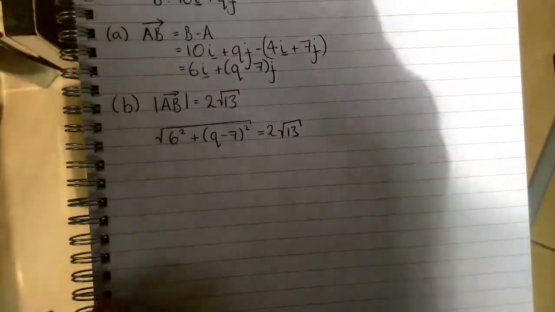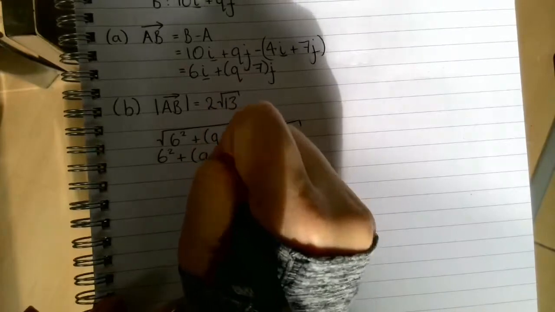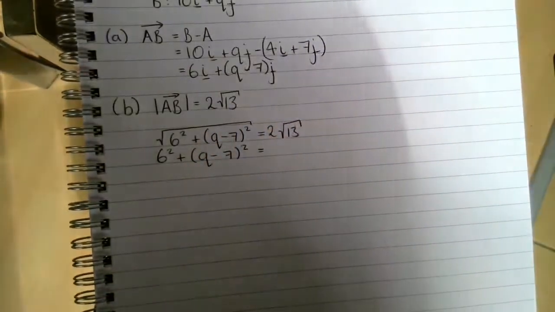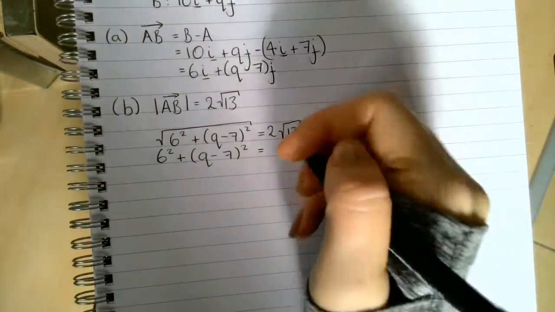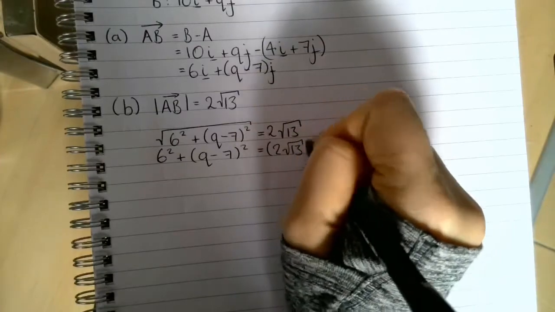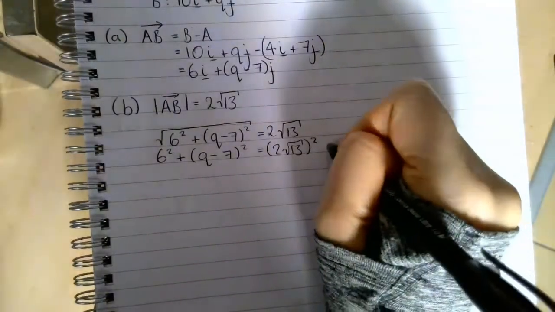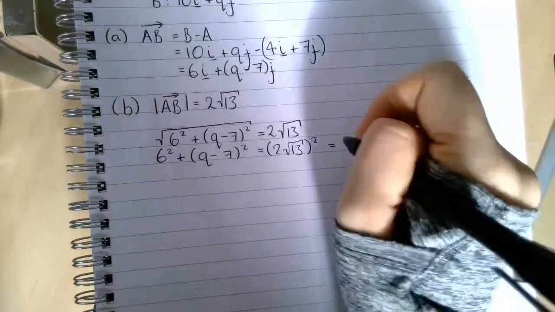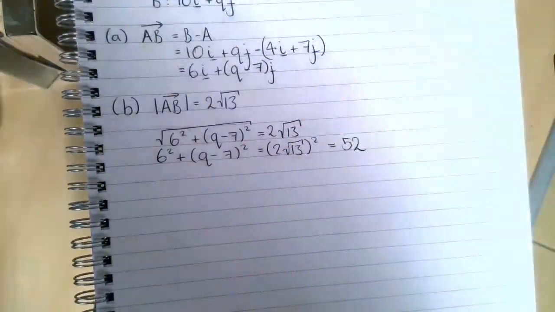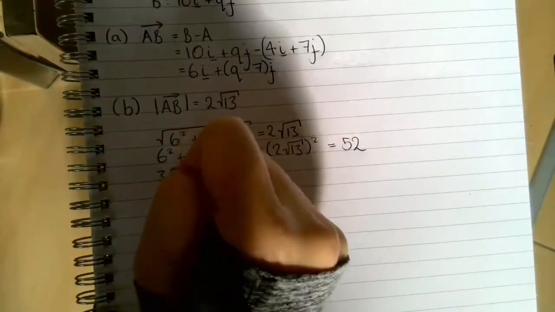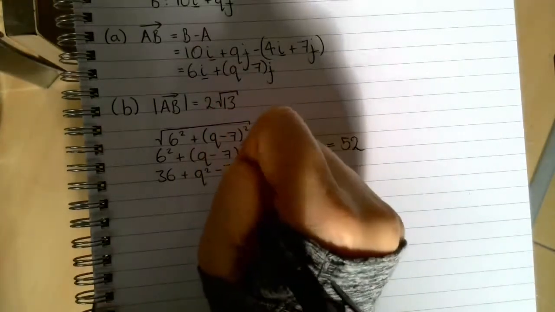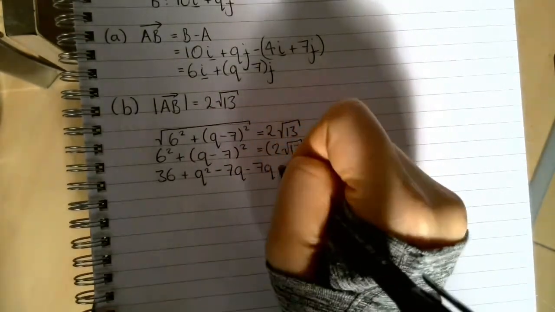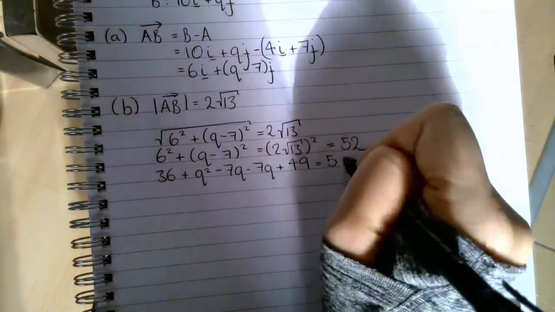Now if we square both sides, we can then get that 6 squared plus (q minus 7) all squared is equal to (2 root 13) all squared, which is equal to 4 times 13. Okay, so then we get 36 plus q squared minus 7q minus 7q plus 49 is equal to 52.